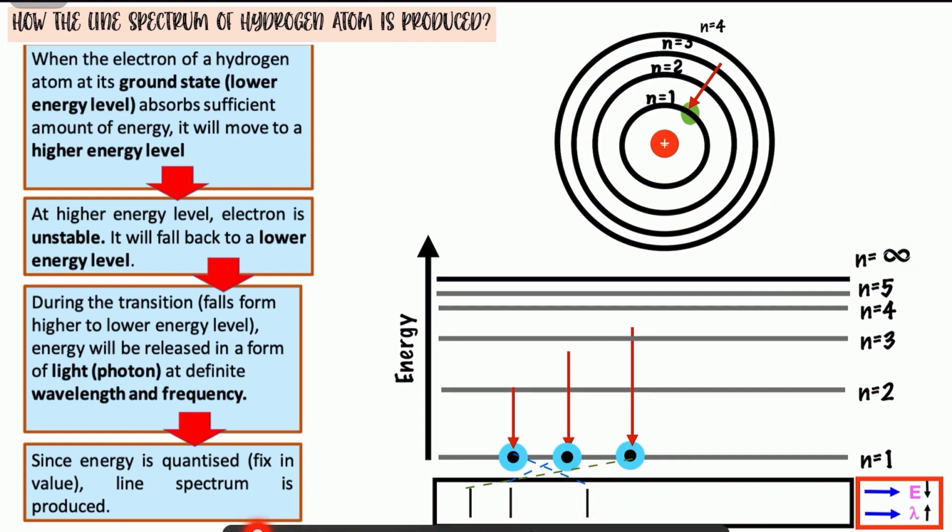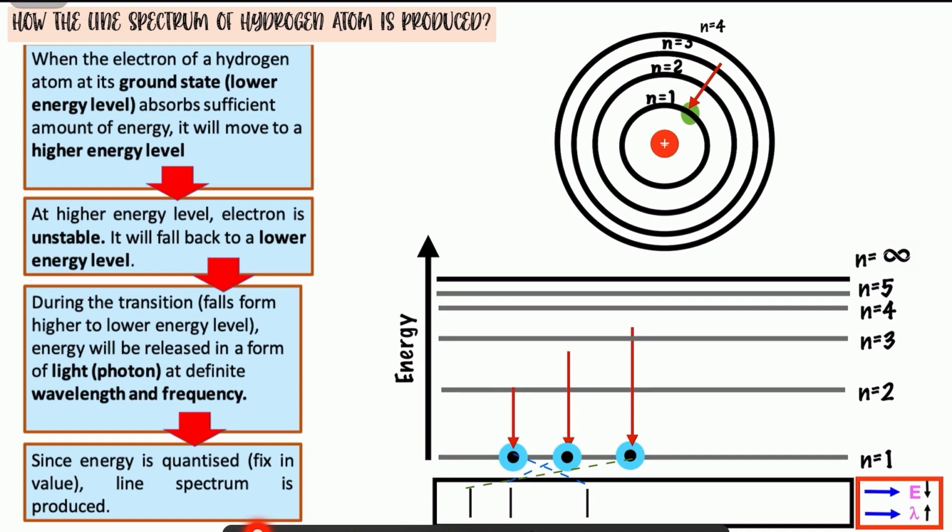This one makes smaller transitions, but this one makes larger transitions. Larger transitions release more energy compared to this one.